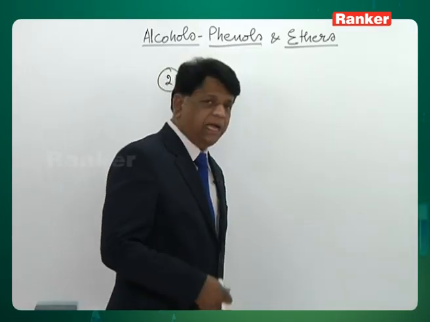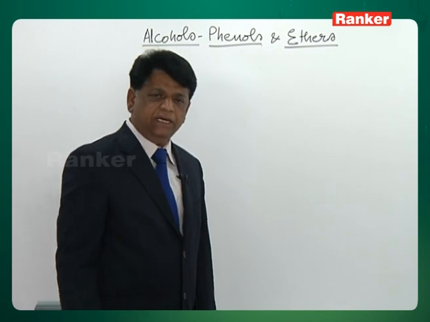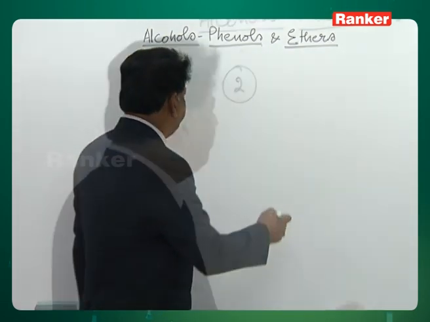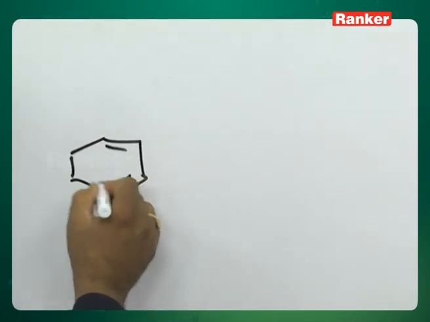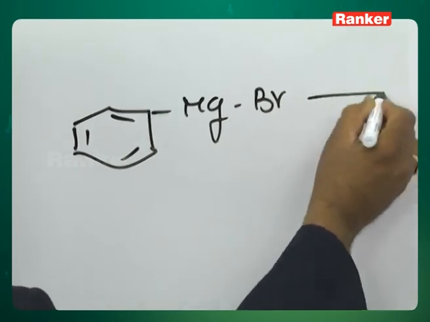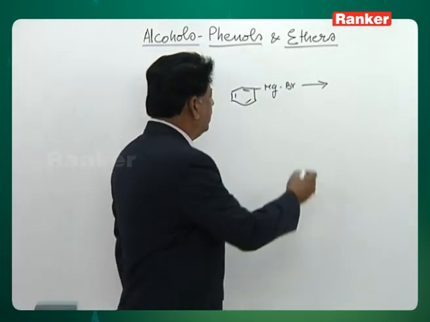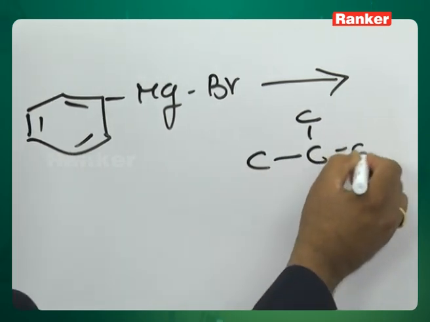Actually, RMgX adds to carbonyl compounds and gives a variety of different types of alcohols. But here, phenyl magnesium bromide is treated with tertiary butyl alcohol, which is an active hydrogen containing alcohol.